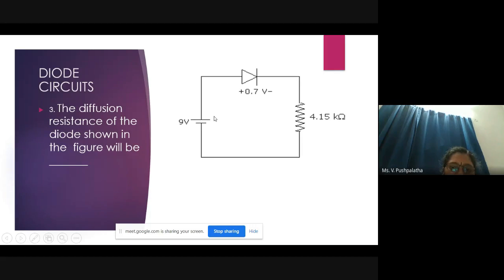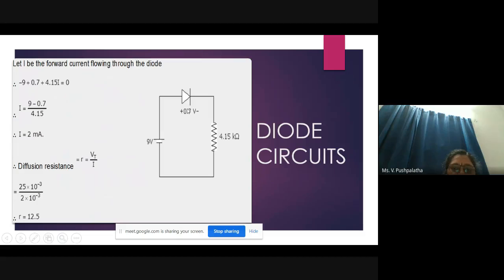We all know V equal to I into R, so R is equal to V by I. First let me find the current flowing through the circuit. To find it, I have to apply Kirchhoff's voltage law. This is the circuit given.